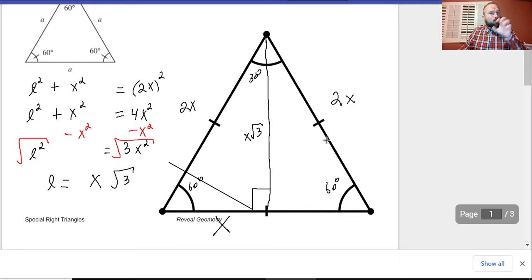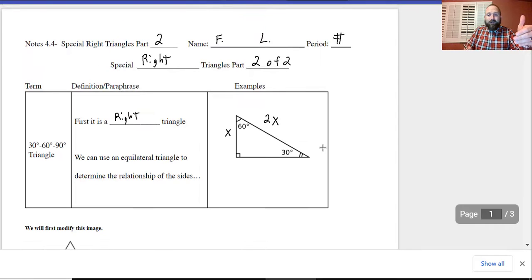You can do this every single problem we do today, or just remember, across from the 60 degrees, this is going to be x radical 3. So remember, 30 is x, 60 is x radical 3, and the 2x is the hypotenuse. If you remember these three, you'll be fine.